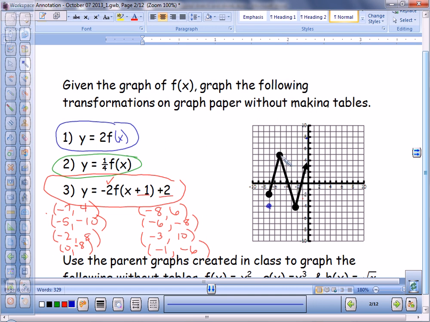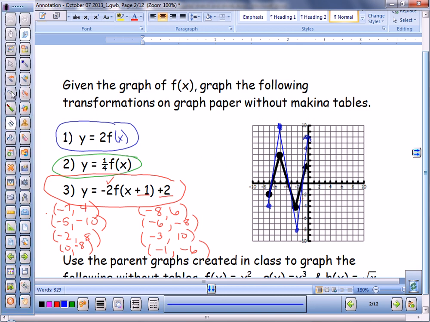If I took this point and doubled my y's, it would go from 5 to 10. If I double the y, it goes down to -8. And the arrow looks like it's about to go through 4, so it would go through about 8. So now I've done that, and I can connect the dots. So number 1 would look like this. It's been vertically stretched by a factor of 2.